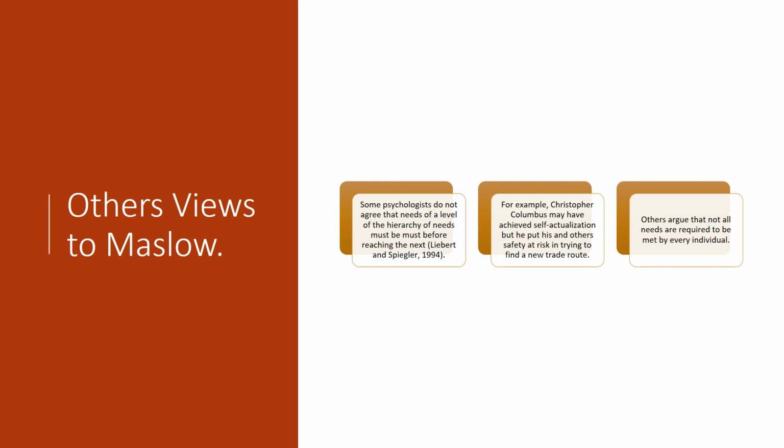So he didn't really start at the bottom, he started at the top. So it doesn't always have to be that way according to some people. And some people also argue that not all needs are required for every individual. Some people might not need love or things like that. Some people are okay being by themselves. So that's just another view on Maslow.